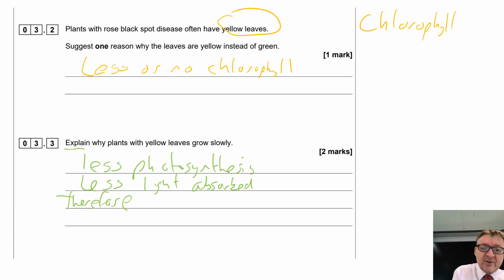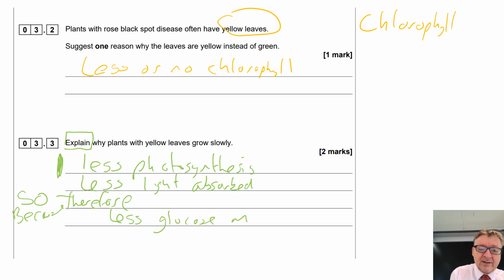See what I'm doing here? I'm doing my explain. I've given a reason, and now I'm doing a therefore, or a so, or a because, which is what an explain question asks for. Therefore, there is less glucose made because there's less photosynthesis.